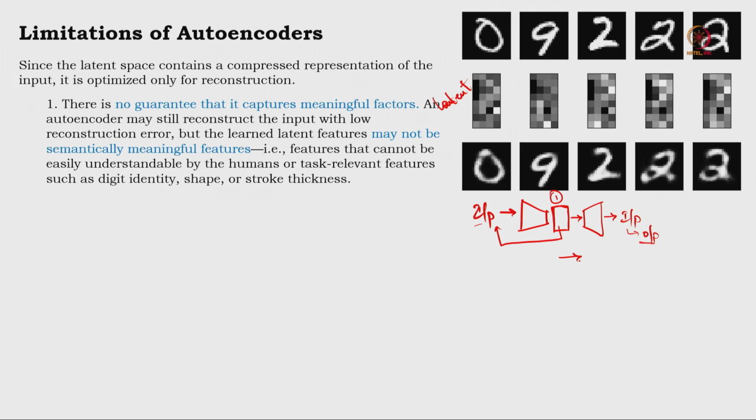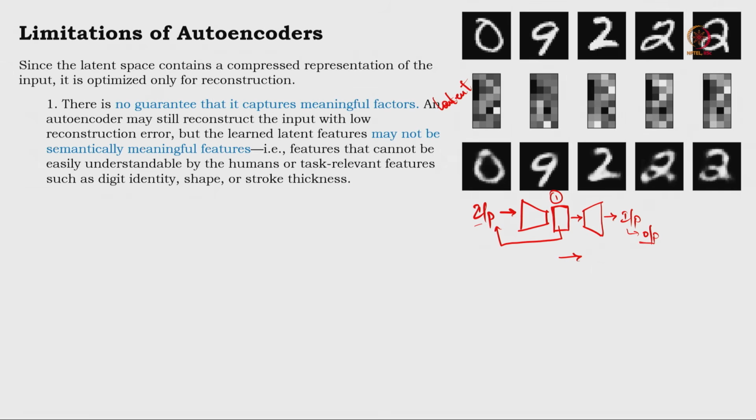The first limitation is that there is no guarantee that the latent representation has captured the meaningful factors. Although it is a compressed version of the input, there is no guarantee that the latent representation has meaningful factors. Even if the reconstruction error is very low, we cannot assure that the latent representation is a meaningful one.